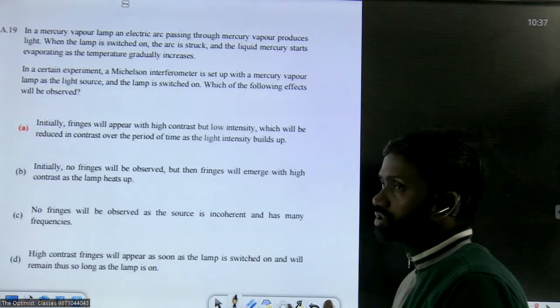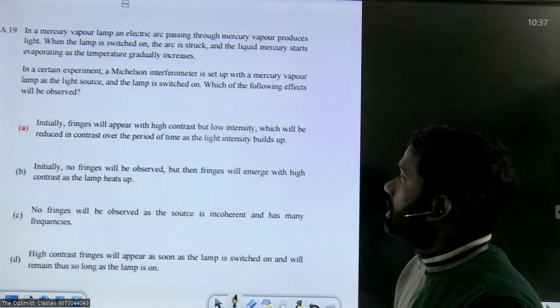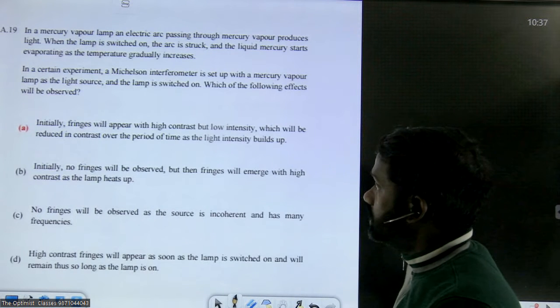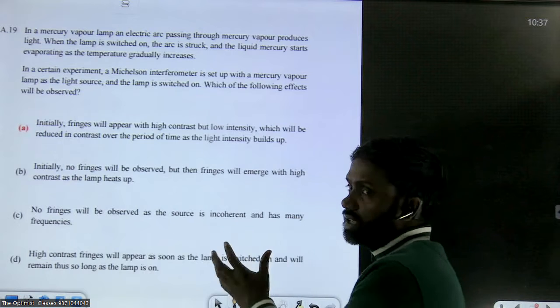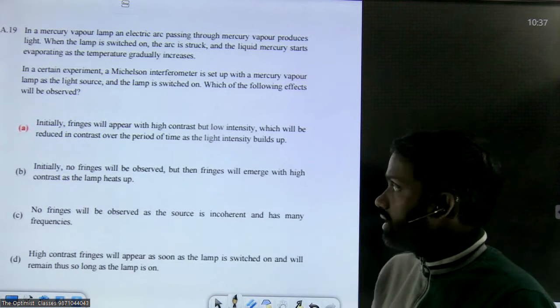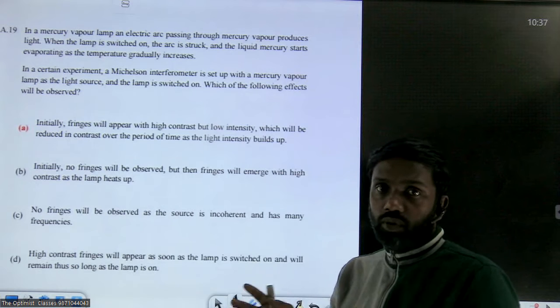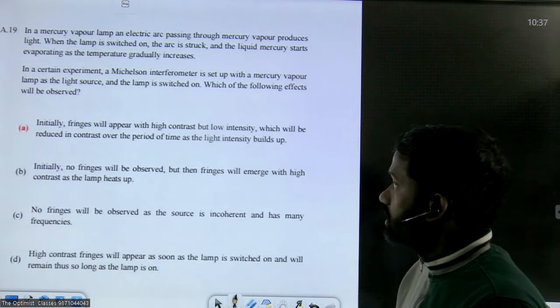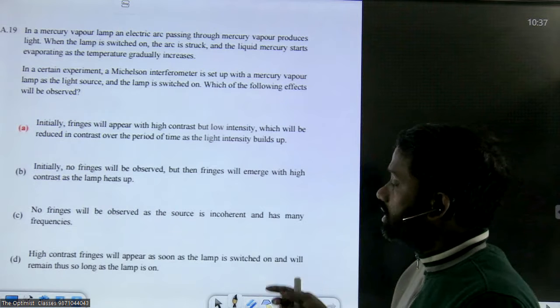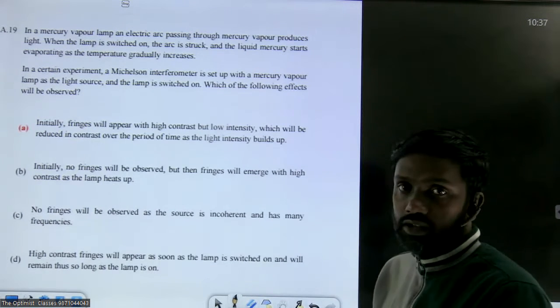Because of the increase in temperature there is also some kind of disturbance. So initially, although the intensity of light is less, few wavelengths are emitted, so the fringes are more clear. Contrast is good, but when lots of wavelengths are emitted, the interference pattern gets blurred.